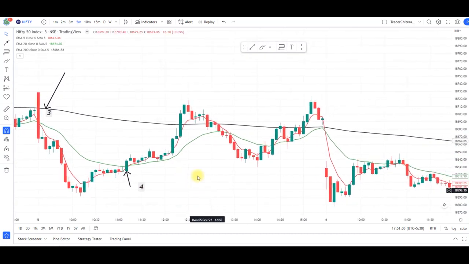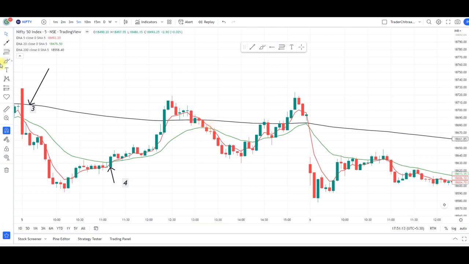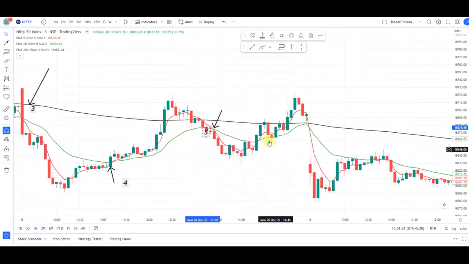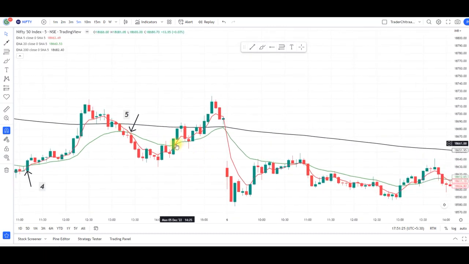And here we got a trade, but this is not my setup. This is 5 and 20 DMA. So here we got another trade, the 5th trade. Here we got one trade, but as 200 EMA is nearby, I will advise you to avoid this trade.